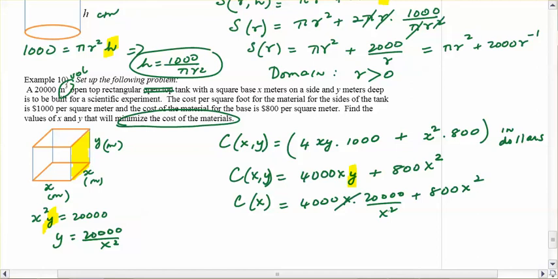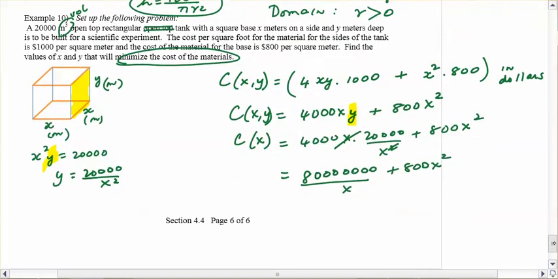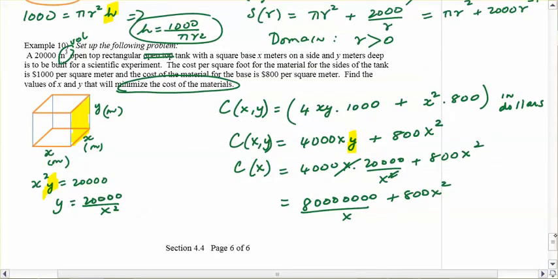X cancels with one of the x squareds, and I get 80,000,000 over x plus 800 x squared. Once again, now that I have that x in the denominator, I know I can't have x equal to 0, and my domain is again x is greater than 0. And I work the problem just like the previous ones.